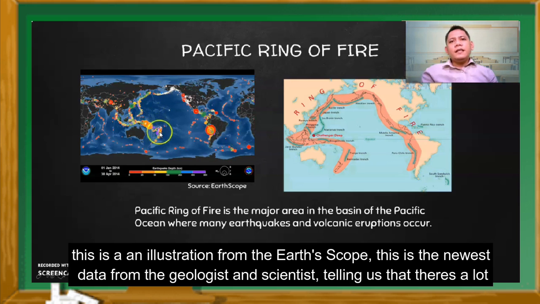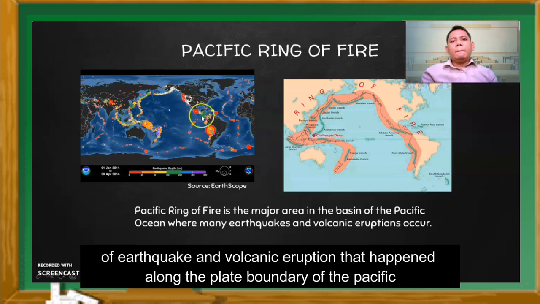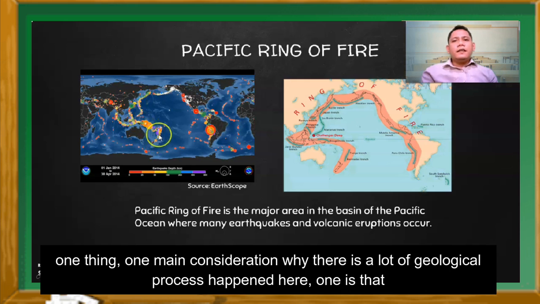This is the newest data from the geologists and scientists telling us that there's a lot of earthquakes and volcanic eruptions that have happened along the plate boundary of the Pacific. Right?